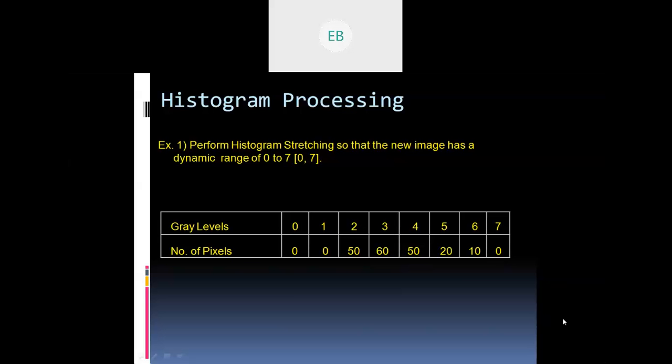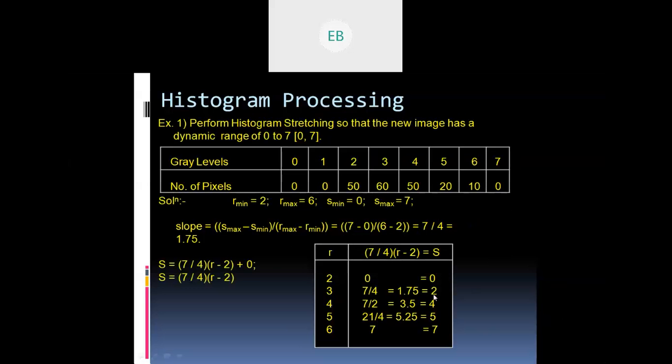So how do we perform histogram stretching on the new image? This is the solution, and it's already given, that is, this is fixed. R minimum is given as 2, R maximum as 6, S minimum as 0, and S maximum as 7.